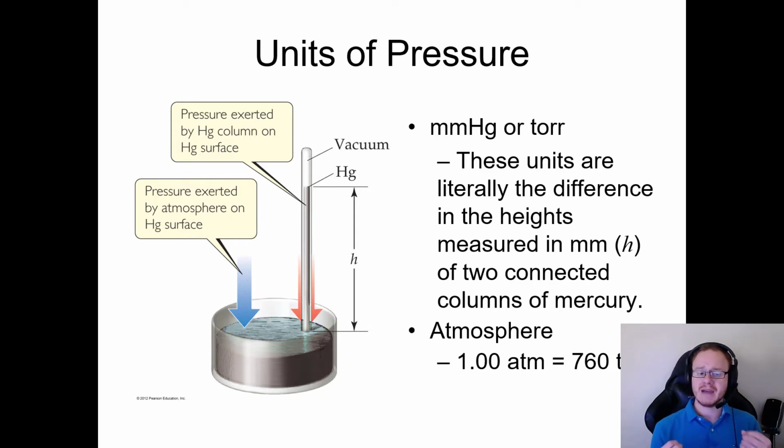This allowed the atmospheric pressure to push down on the vat and cause the mercury in the tube to go upwards. So this is quite literally the height that the mercury was transitioning up and down inside that tube of glass. So 1 atmosphere pressure is equal to 760 torr, and that is the exact same thing as 760 millimeters of mercury. This we covered in your freshman year.